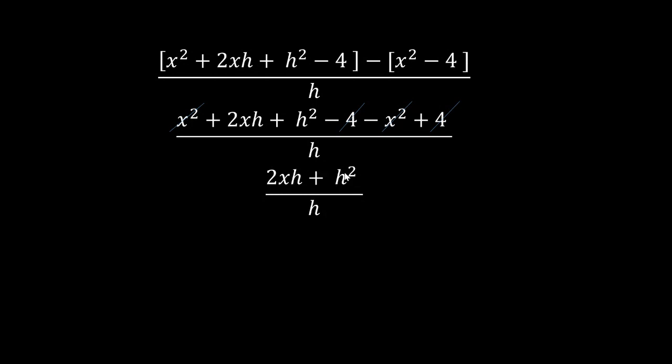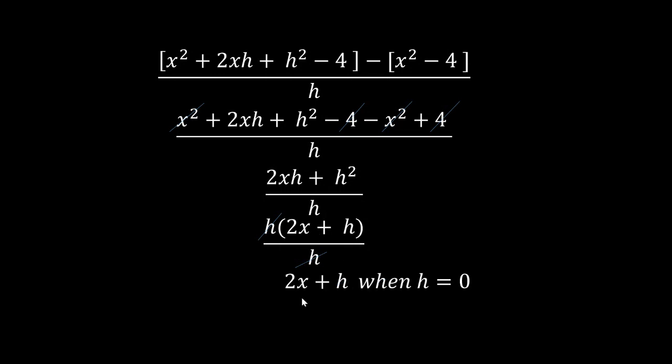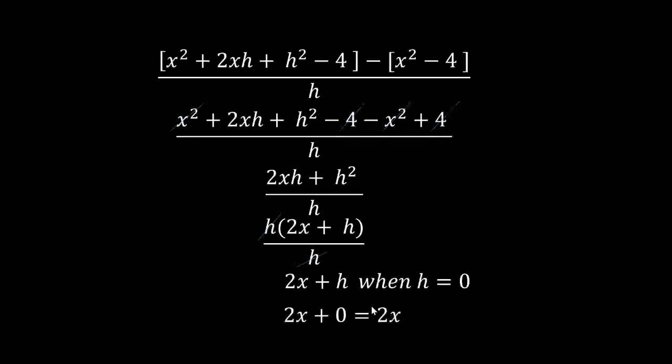So let's factor out an h. And now these will cancel. Now what does that leave me with? It leaves me with 2x plus h. And at this moment, we can now set h equal to 0. So we can make this a 0. And what is that going to give me? It gives me a formula.